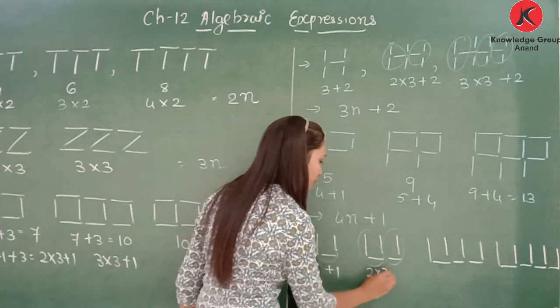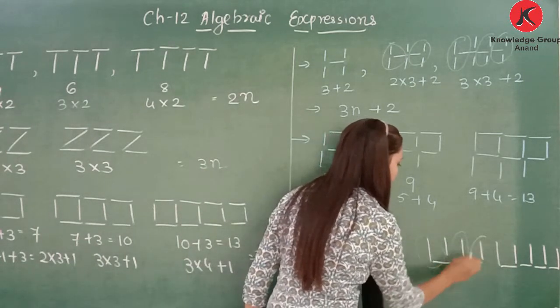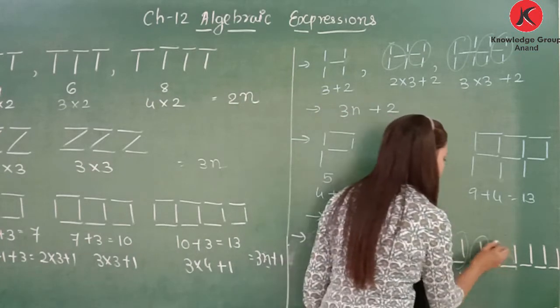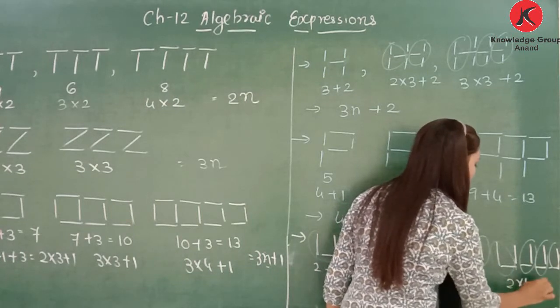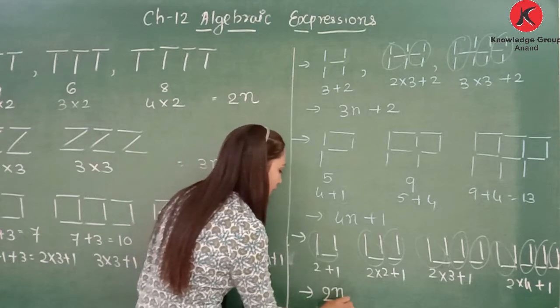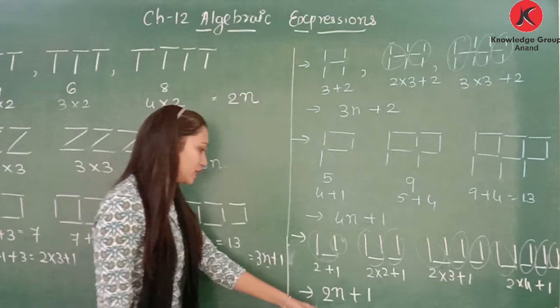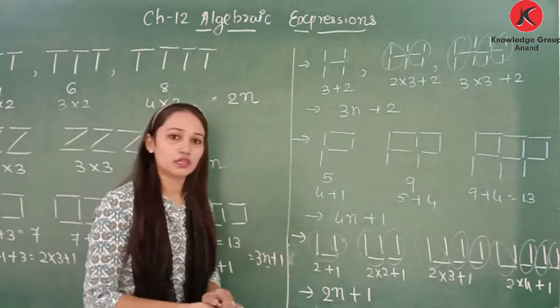So that is 2 multiplied by 2 plus 1. So that is 2 multiplied by 3 plus 1. That is 2 multiplied by 4 plus 1. So what will be the pattern for U? That is 2n plus 1. 1 is an extra matchstick. Clear? So the pattern for U is 2n plus 1. So this way you can find the pattern for any letter.